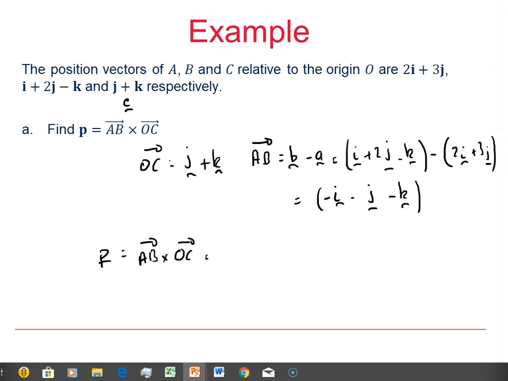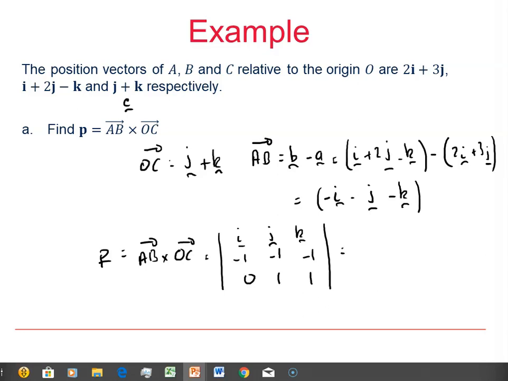So I can do that using the determinant method. So that will be I, J, K, and then putting in the components for AB. They are negative 1, negative 1, negative 1. And for OC, they are 0, 1, 1.